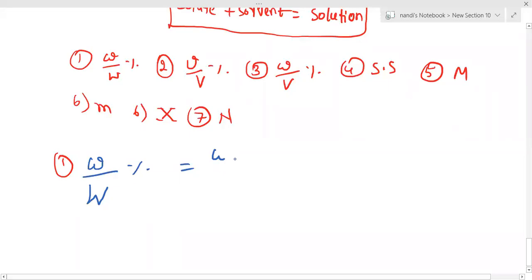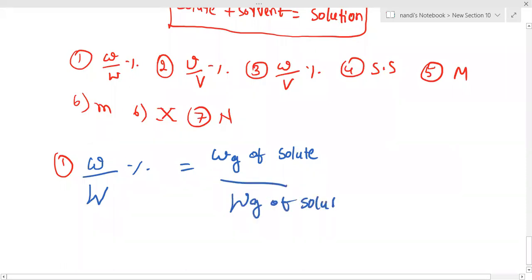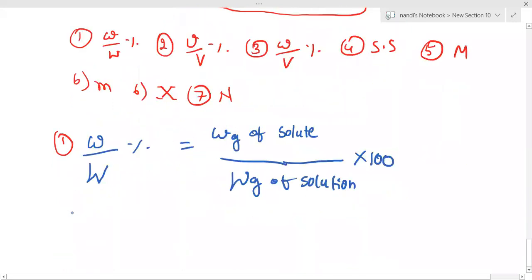Then write W grams of solute dissolved in grams of solution, into 100. This is also called percentage purity.